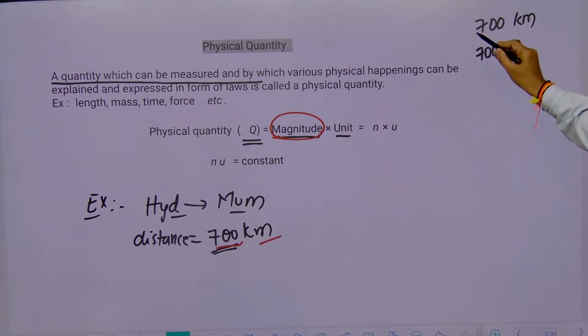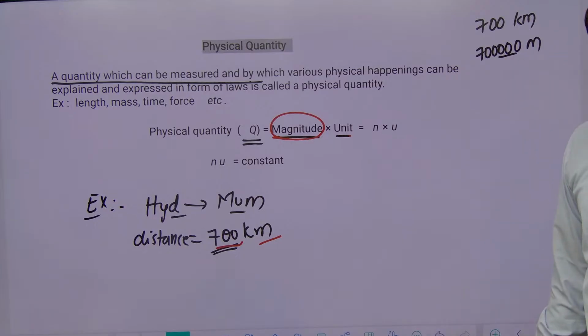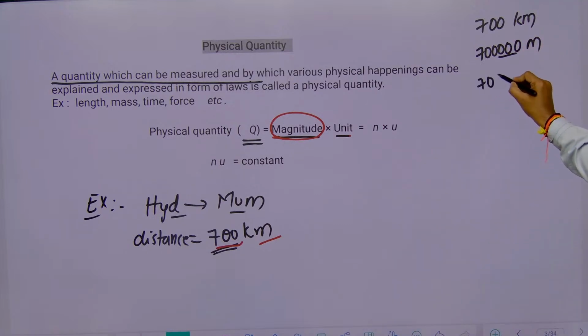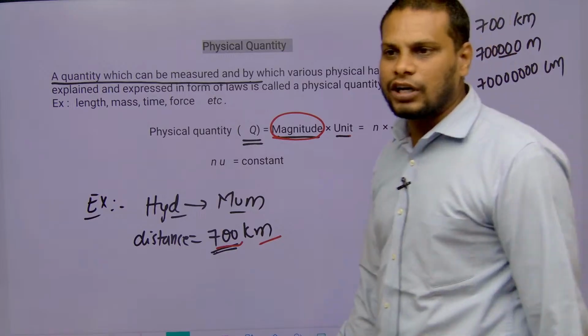So 700 into 3 zeros meter. Convert into centimeter. 1 meter has 100 centimeter. So you can write it as 700,000,000 centimeter. Now convert it into millimeter.